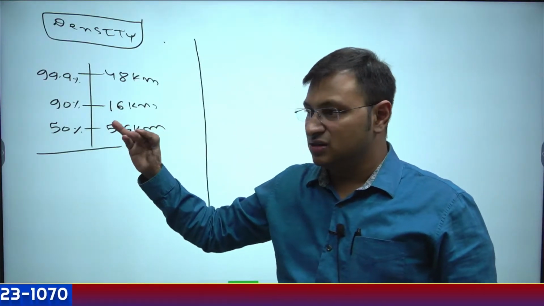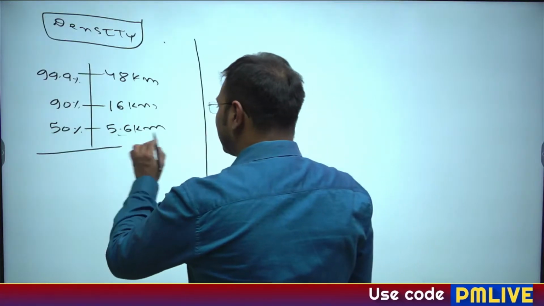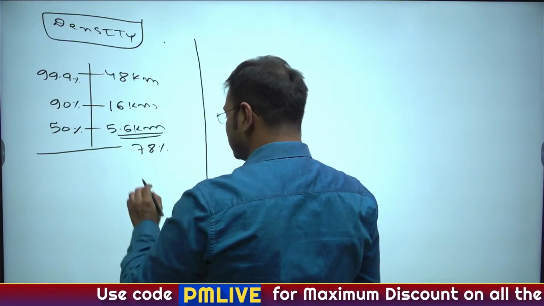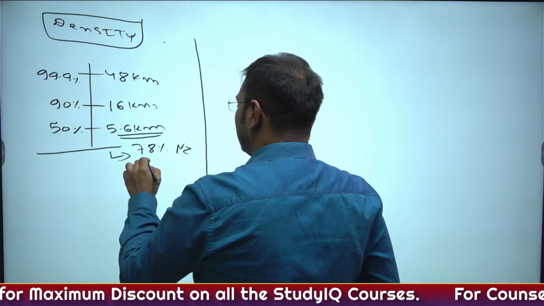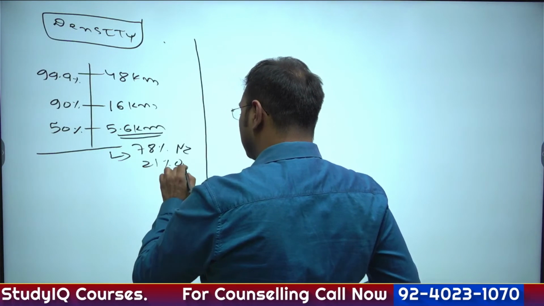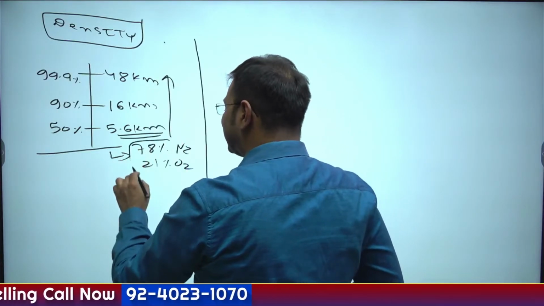See, this does not mean that at a height of around 5.6 kilometers, let's say at the surface we are finding 78% nitrogen, and on the surface we are finding 21% oxygen, that if we are moving up, this percentage is decreasing.